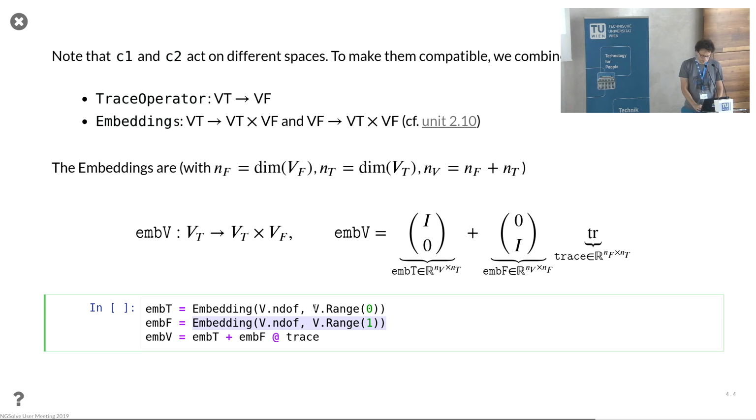There we have then the first component just filled up with zeros. So this MV operation now maps from my volume functions to this product space. Okay.